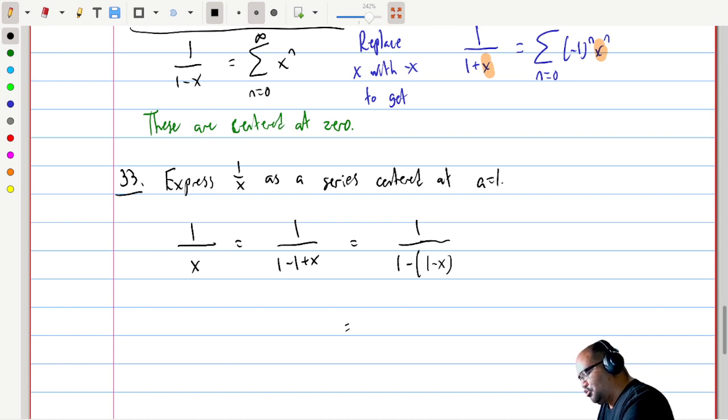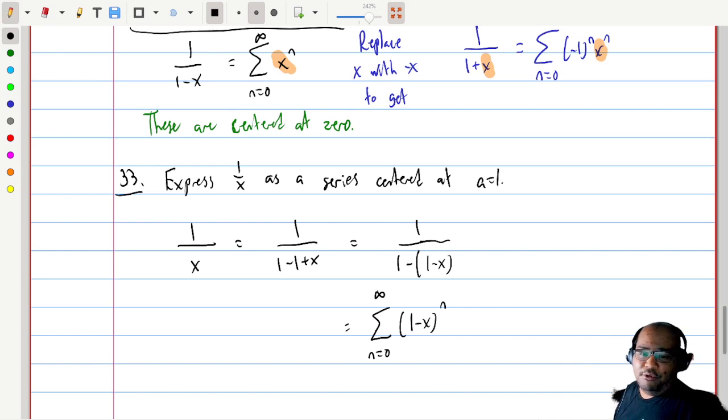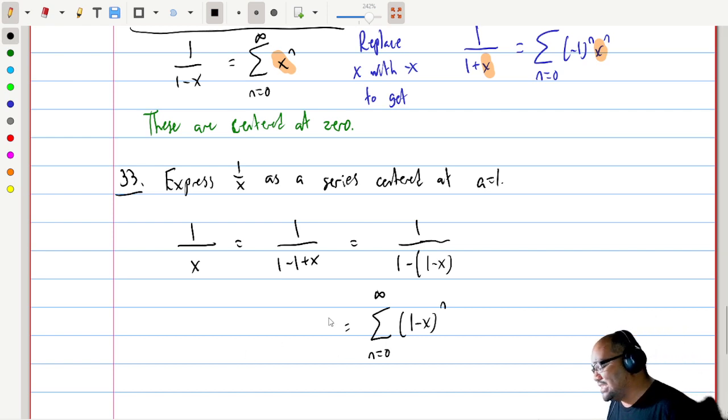There are multiple ways that you can do this. So here, this is going to be a sum, n equals 0 to infinity. Okay, and again here, I'm playing that role there. 1 minus x to the n. Now if I multiply by -1, I get exactly the series I need.